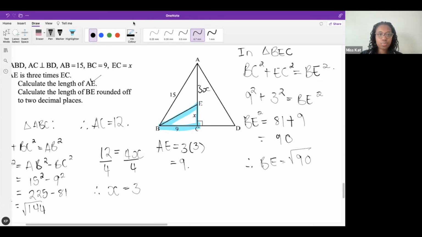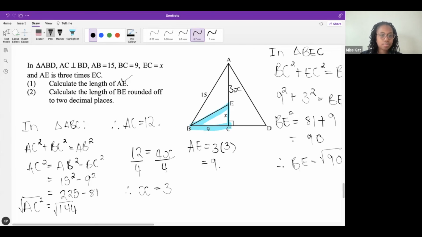Yes, Tando? Ma'am, for the first part of the question, I noticed that it's 12 equals 4x, but I wanted to find out where the 4x came from, because on the diagram it's 3x. Remember, 3x is only AE. So 3x is from there only up to here.